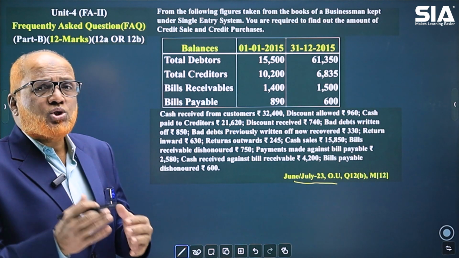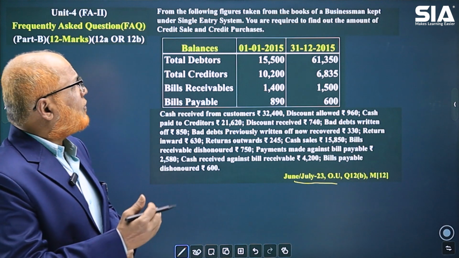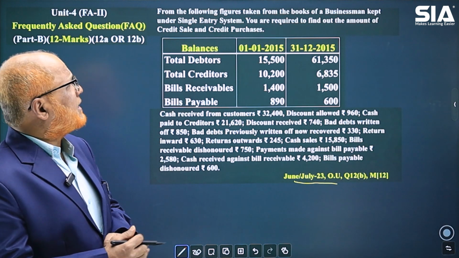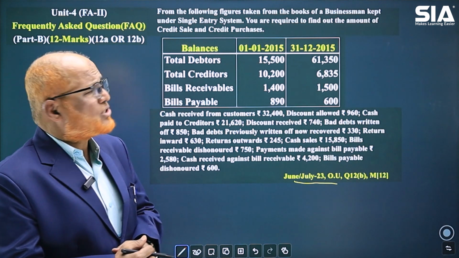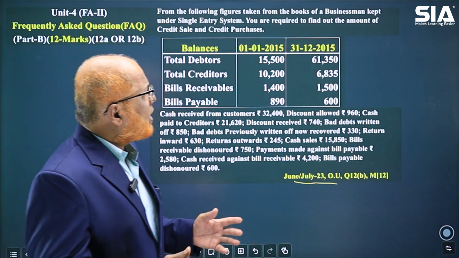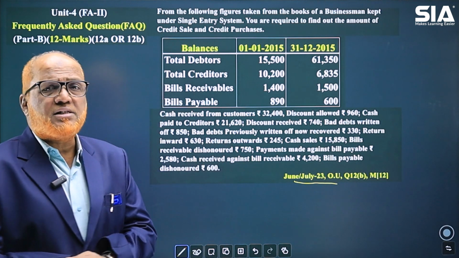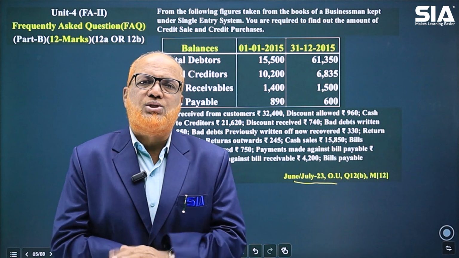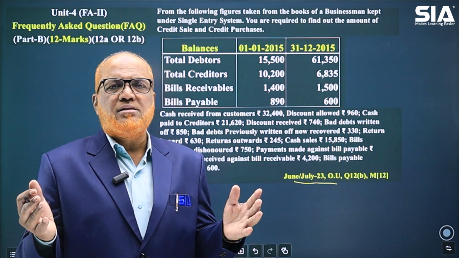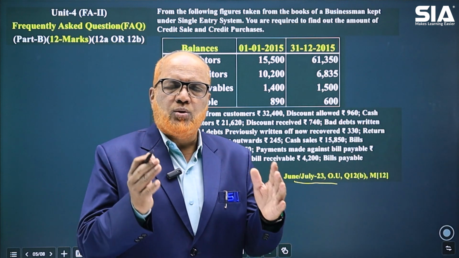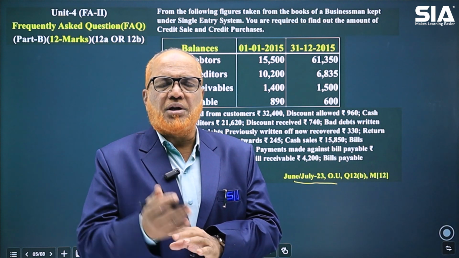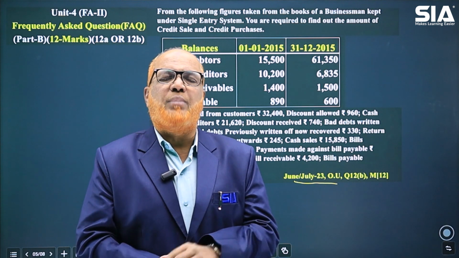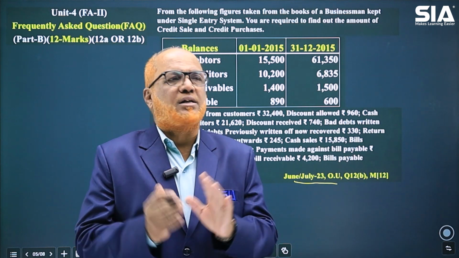So the question goes like this. From the following figures taken from the books of a businessman kept under a single entry system, you are required to find the amount of credit sale and credit purchases. Credit sales you can get by preparing total debtors account. Credit purchases you can get by preparing total creditors account.